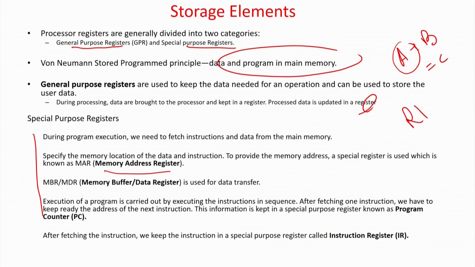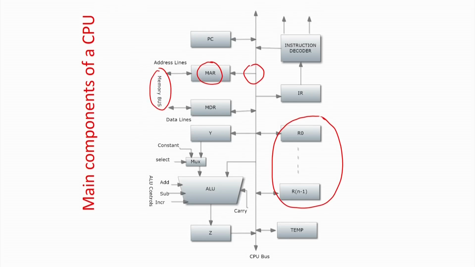Next is the memory buffer or memory data register. Now, you have given the address, the memory has read the value from the address, and you have to dump the data. Where is it dumped? Basically, again a special purpose register called the memory data register. Say memory location A has been read, and A had the value of 5, let us assume. The memory will get the value of memory location A, let it be 5, and how will it give it to the CPU?